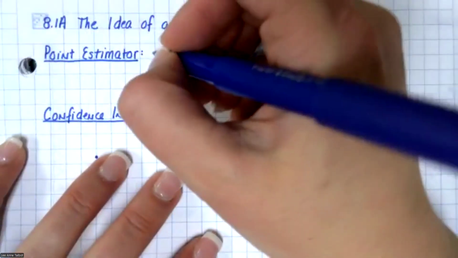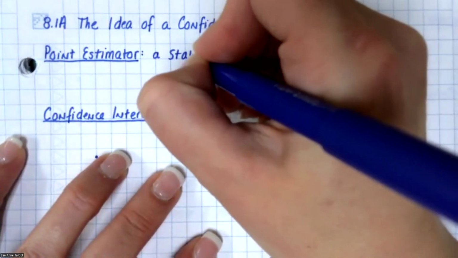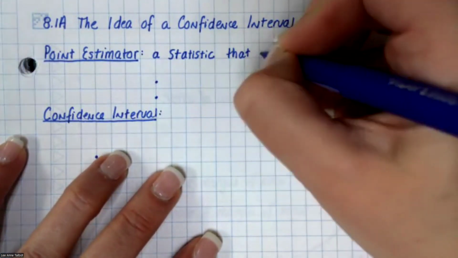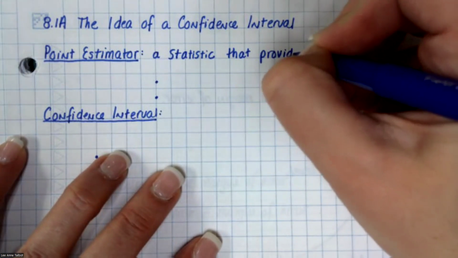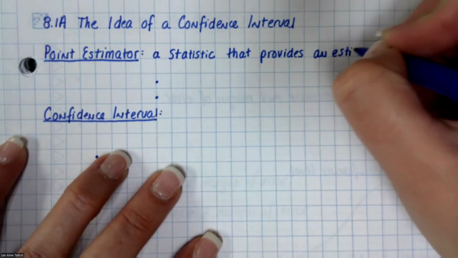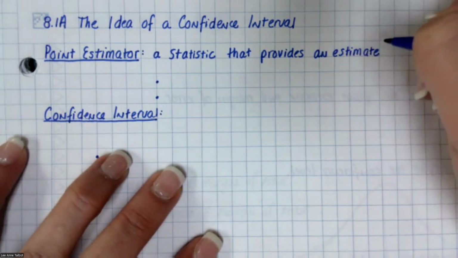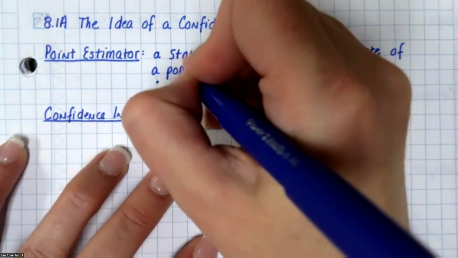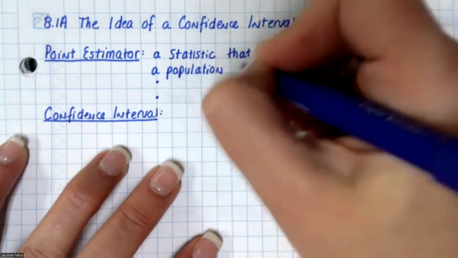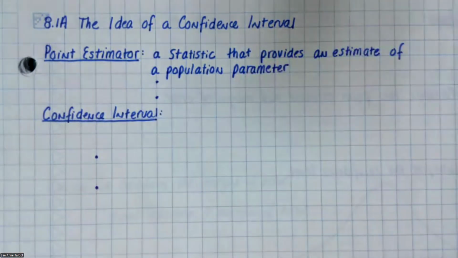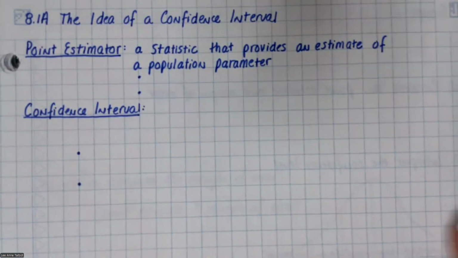A point estimator is a statistic that provides an estimate of a population parameter.